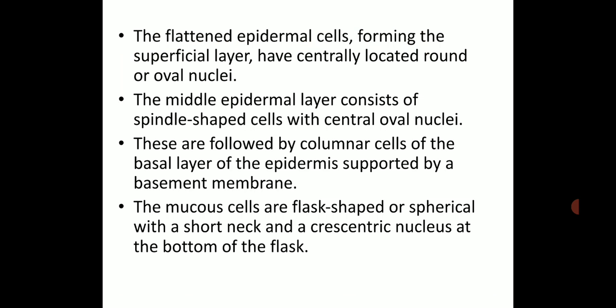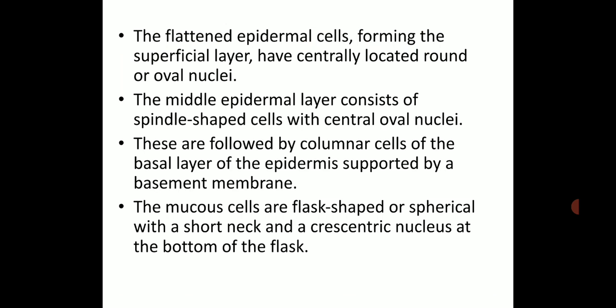The flattened epidermal cells forming the superficial layer have a centrally located round or oval nucleus. The middle epidermal layer consists of spindle-shaped cells with a central oval nucleus. These are followed by columnar cells of the basal layer of the epidermis, supported by a basement membrane.